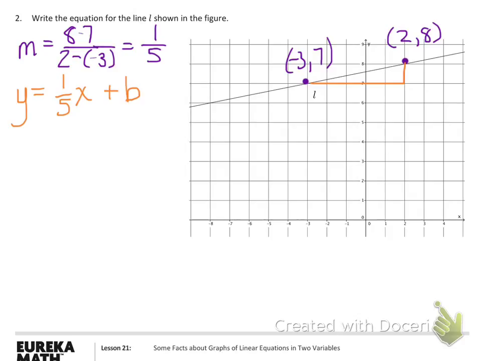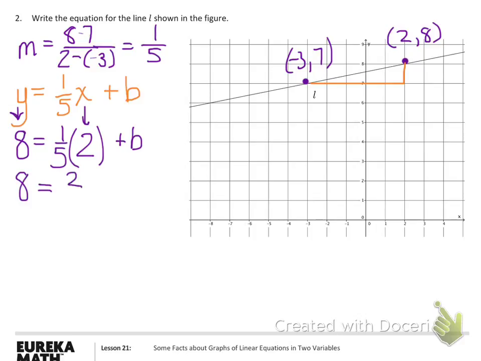So my coordinates are 2 and 8 for the x and the y. So this equals 1/5 times 2 plus b. So we've got 8 is equal to 2/5 plus b.